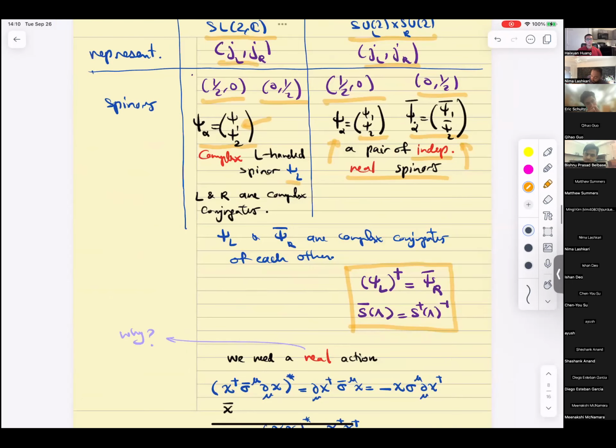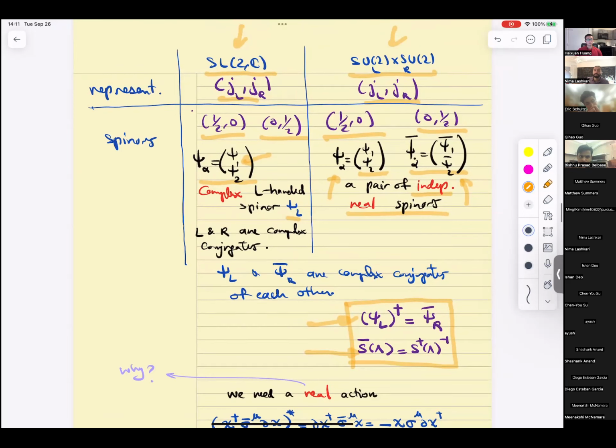So you have this relation, but more importantly, the representations are related. S bar of lambda, in the case of Euclidean theory, had nothing to do with S of lambda. You could independently apply Lorentz transformations, but here they're actually related to each other. One of them is the complex conjugate dagger of the other one, inverse. Is this point clear? I should pause here.